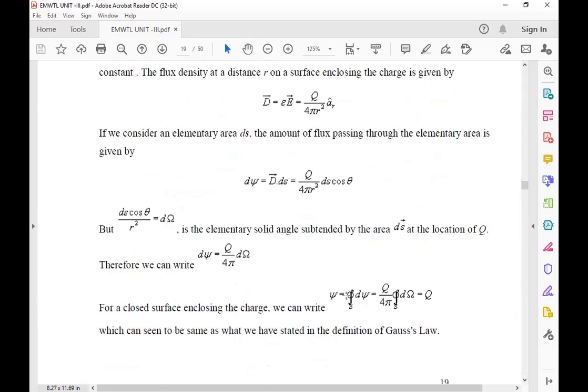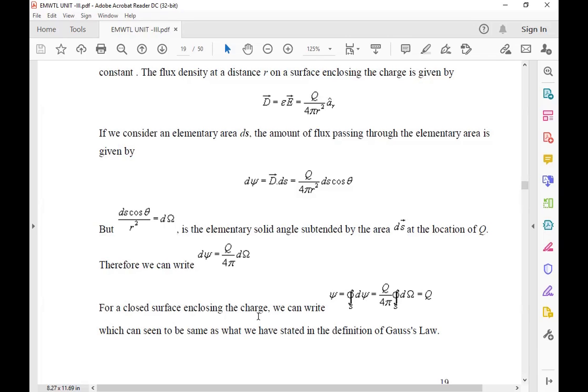Actually, psi is equal to the integral of d psi, which is nothing but q only, inside the closed surface. A closed surface encloses a charge. The charge is q inside. From that q, lines of force terminate and leave through that surface.